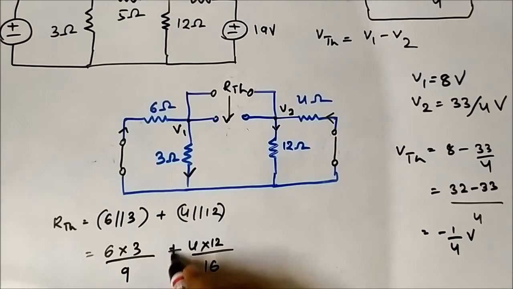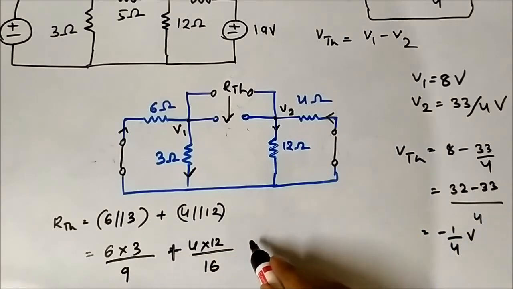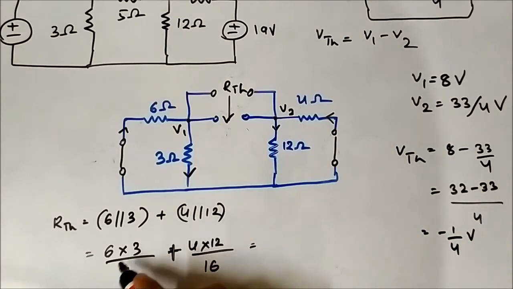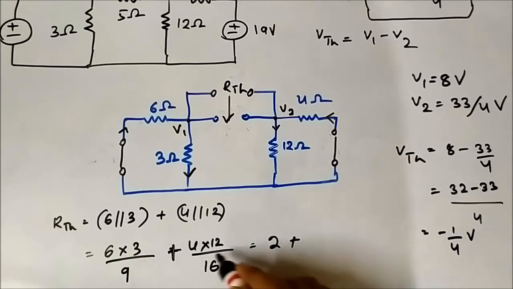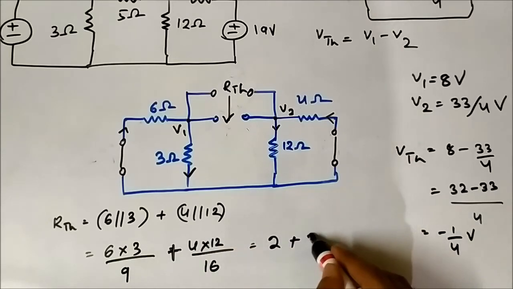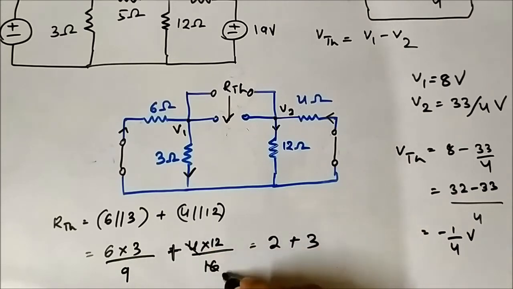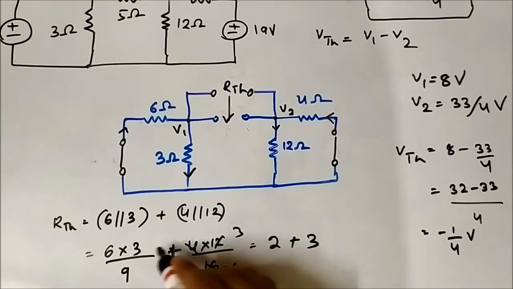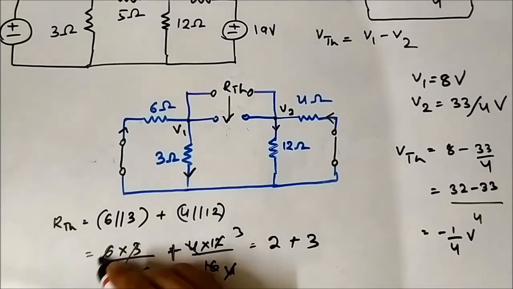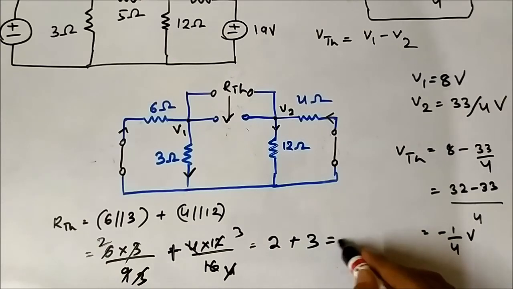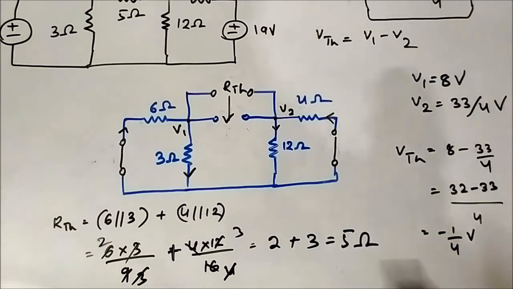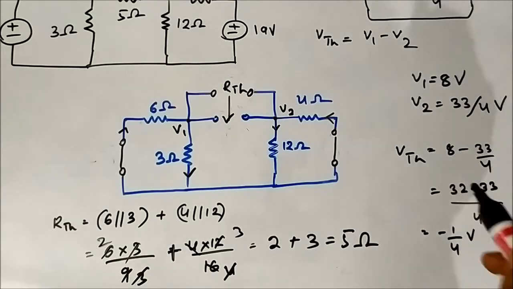Okay, it is plus, sorry, plus. So it is 2, 3, 6, 9, 2 plus 4, 3. Okay, 4, 16, 3, this is 3, 6, 9, 3, this is 2. Okay, 2 plus 3, which is 5 ohm. RTH is 5 ohm.